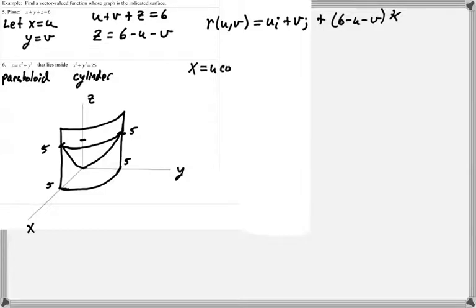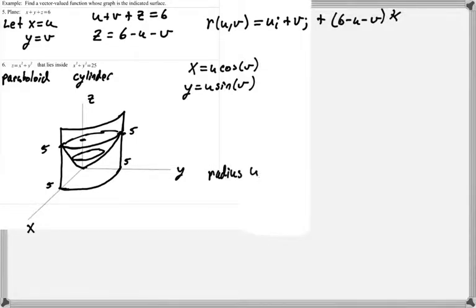So what we'll do is we'll let x equal u cosine of v and y equal u sine of v. And so our paraboloid is going to be, we got circles in here of varying radii, and so for our parameterization, we're going to say that our radius is going to be u.